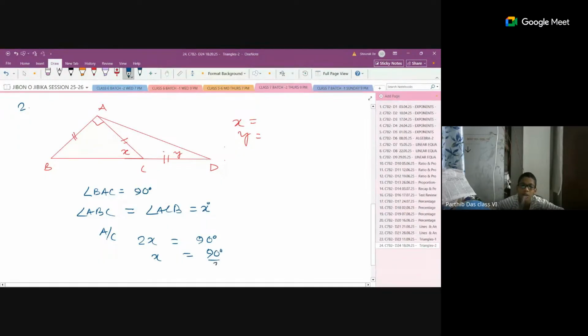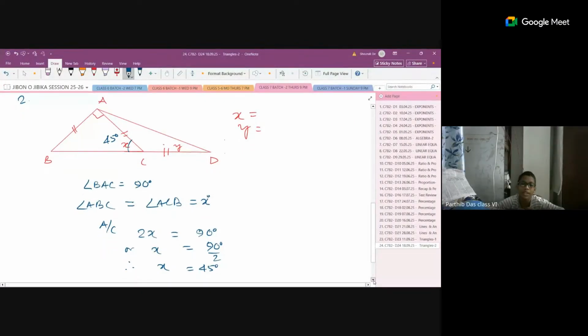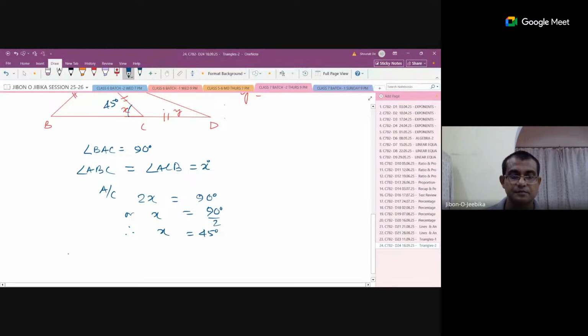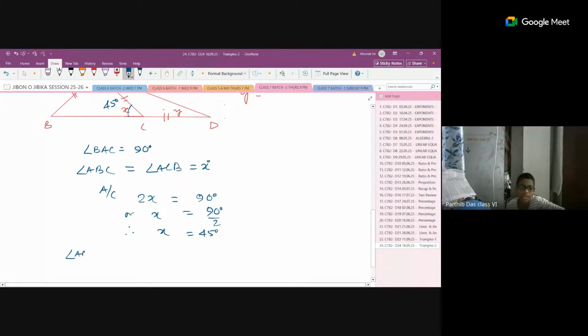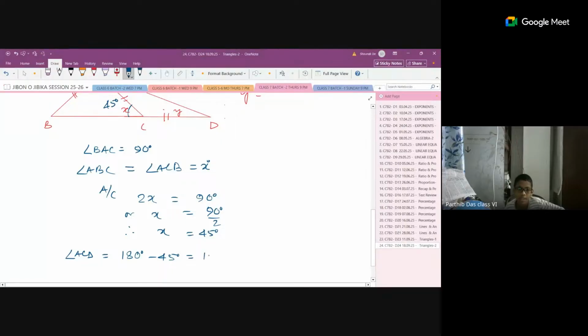X is equal to 90 degrees by 2, which is 45 degrees. So this is 45 degrees. Now y. Angle ACD is equal to 180 minus 45, which is 135 degrees.